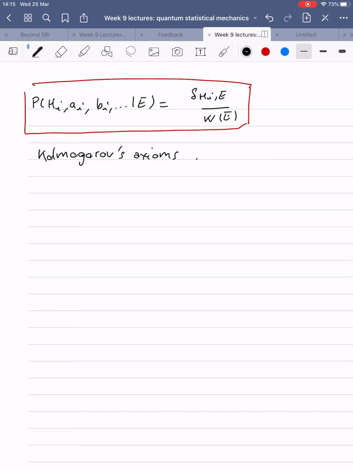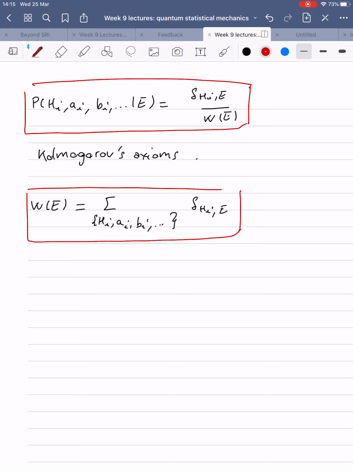The second thing that we observe is that W of E is equal to the sum over all possible H_i, A_i, B_i, etc., of delta H_i, E. That's the actual object that we are interested in.